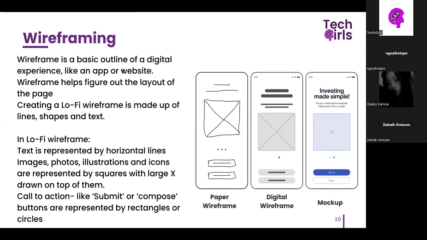So creating a lo-fi wireframe is made up of lines, shapes, and text. Like I said, lo-fi is low fidelity wireframe, and we'll go into low fidelity and high fidelity. So looking at this, the low fidelity is the paper wireframe and the digital wireframe. The high fidelity is the mock-up, the third picture.